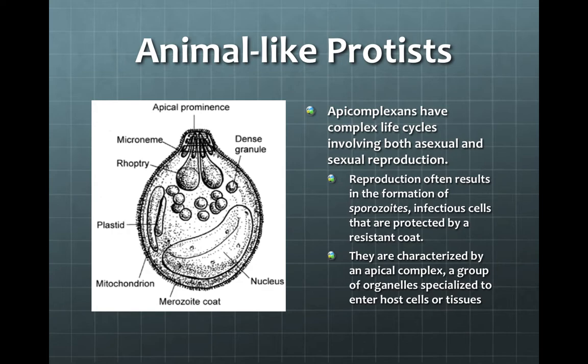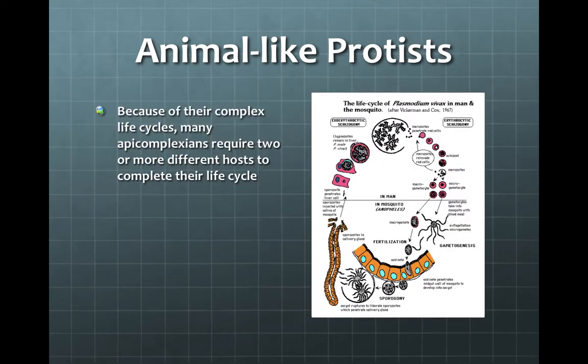They are characterized by an apical complex, a group of organelles specialized to enter host cells or tissues. Since they're parasites, they have to have a host cell, basically. Because of their complex life cycle, many apicomplexans require two or more different hosts to complete their life cycle.